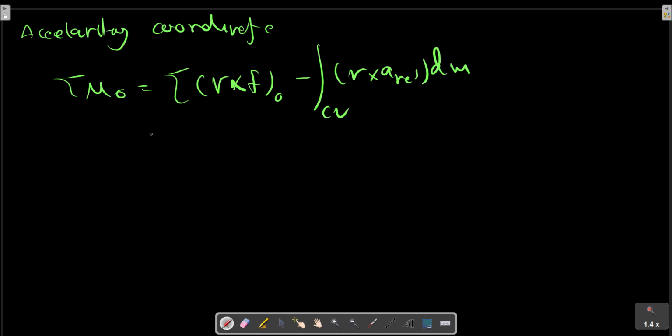These relations are also in dynamics for an accelerating coordinate system.